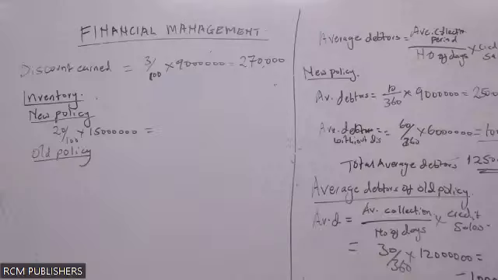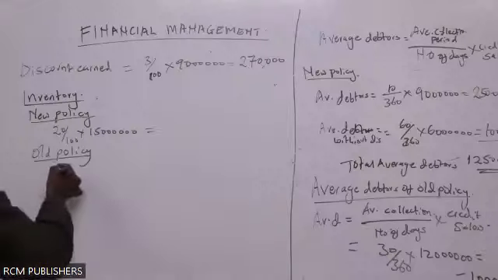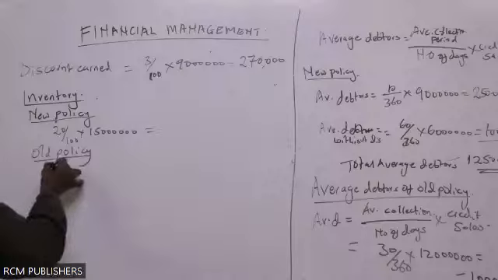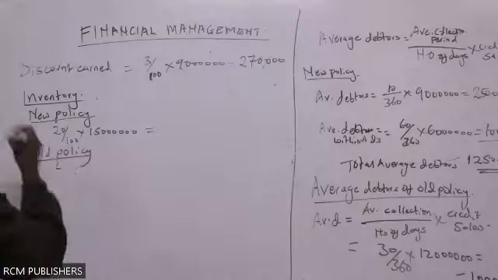The inventory level and variable costs are, however, expected to remain constant at 20% and 40% of the annual sales, respectively. Sasa hiyo wanataka kumaanisha nini? 20% ni ya old and 40% ni ya new, ama namna gani? So first of all, how much do we get if we say this is the old?